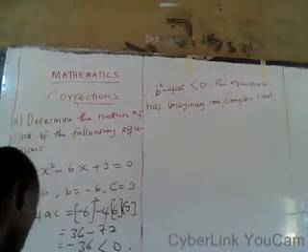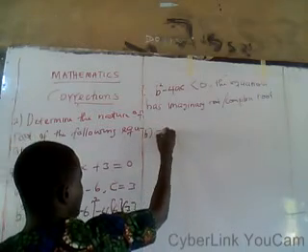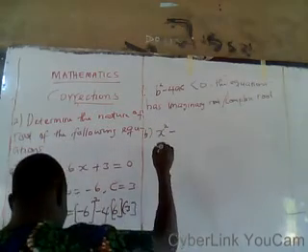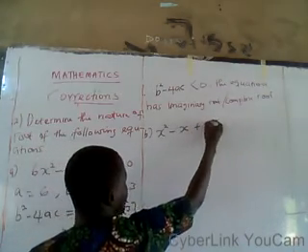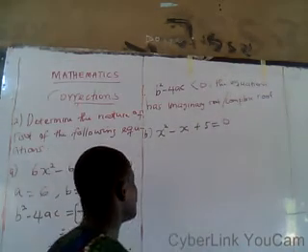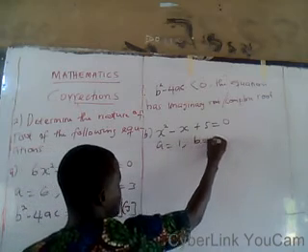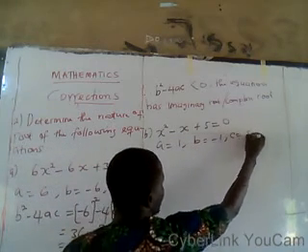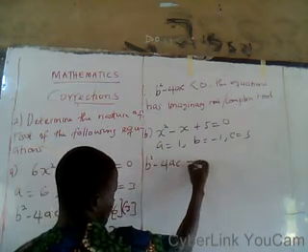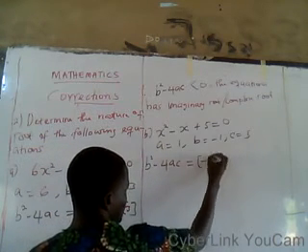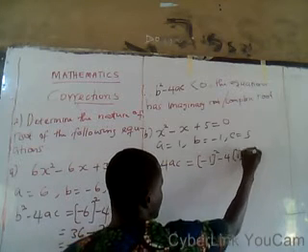Then the second equation, we have x squared minus 5x minus x plus 5 equals 0. If you look at it, you see that your a is 1, your b is minus 1, and your c is 5. So your b squared minus 4ac will be minus 1 squared minus 4 into bracket a, which is 1, then 5.